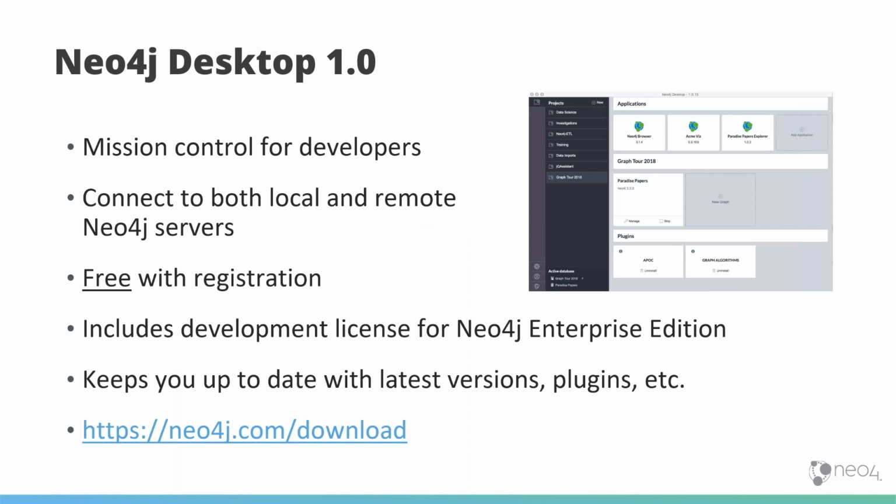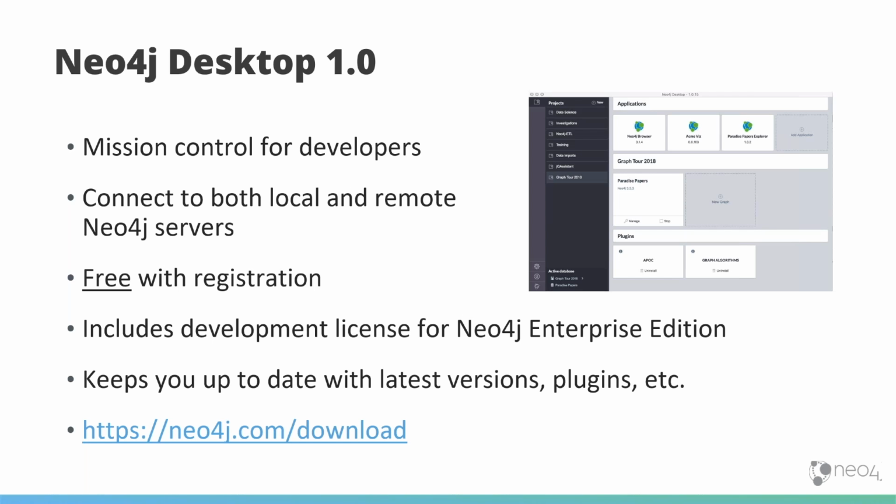We came out with Neo4j Desktop. This is the launchpad for developers to jump into Neo4j, and it continues to get fortified and adds capabilities. You'll now see that it supports the APOC libraries and the graph algorithm libraries, it'll automatically install those plugins to your environment, it'll update and refresh your Java environment as you need, and keeps you completely up to date with all of the inner workings of Neo4j.